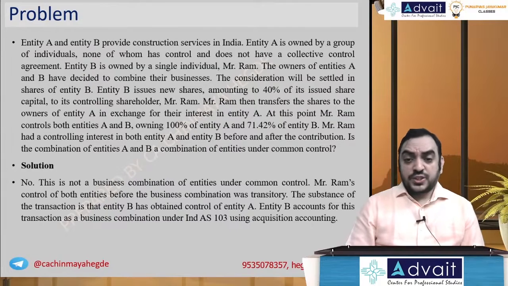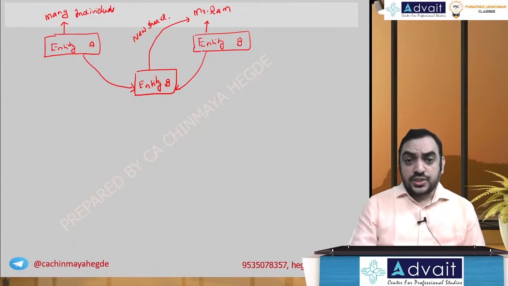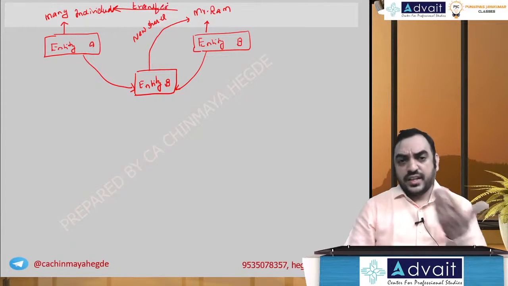Mr. Ram then transfers the shares to owners of entity A in exchange of their interest in entity A. So once he gets the new shares, he will transfer them to the many individuals in the proportion of their interest.